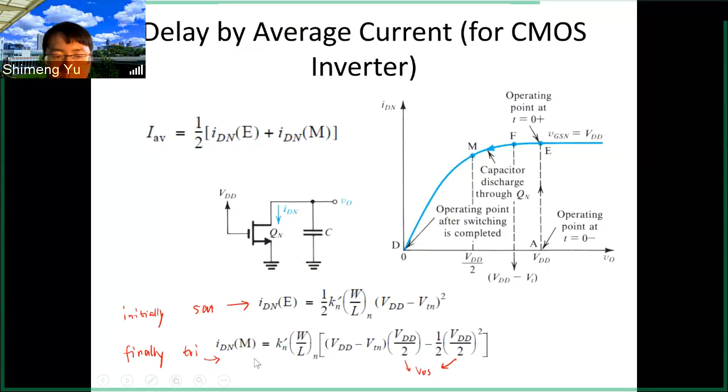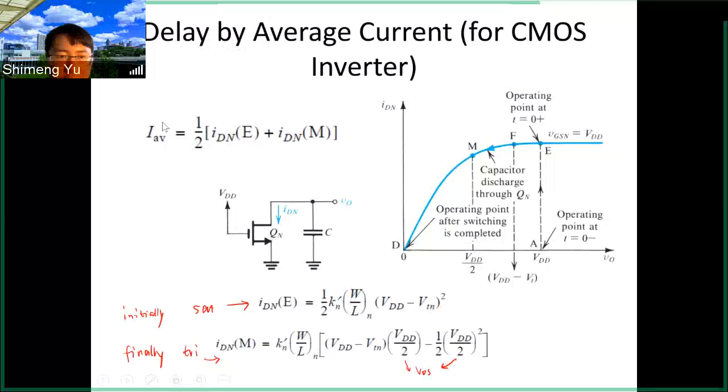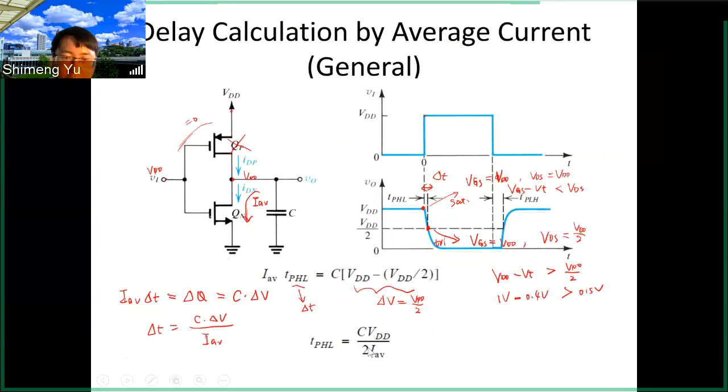So this is the triode equation for the current. So the average current is the average of those two, the saturation and the triode, and then you can get the average current. Then you plug the average current into this equation, and you can get the tPHL.